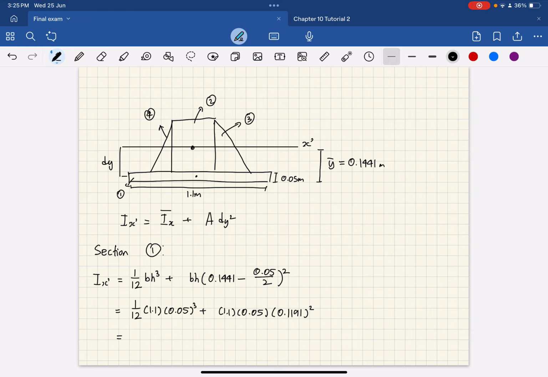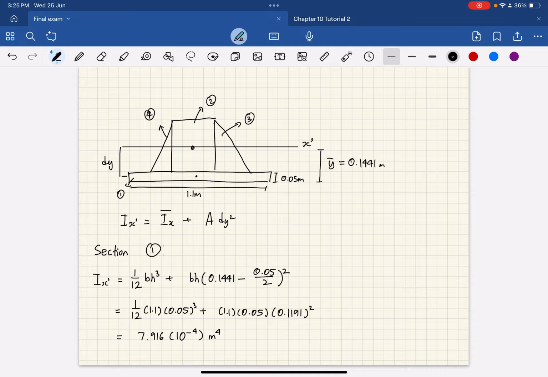So your moment of inertia for section 1 is 7.916 times 10 to the power of negative 4 meters to the power of 4. Okay, this is for section 1.